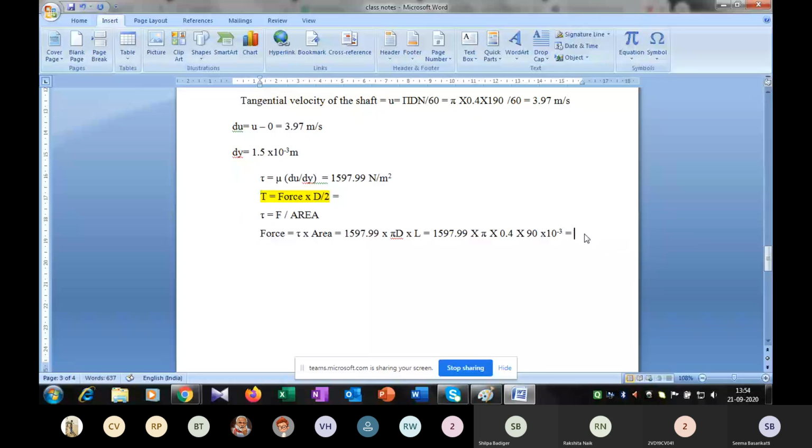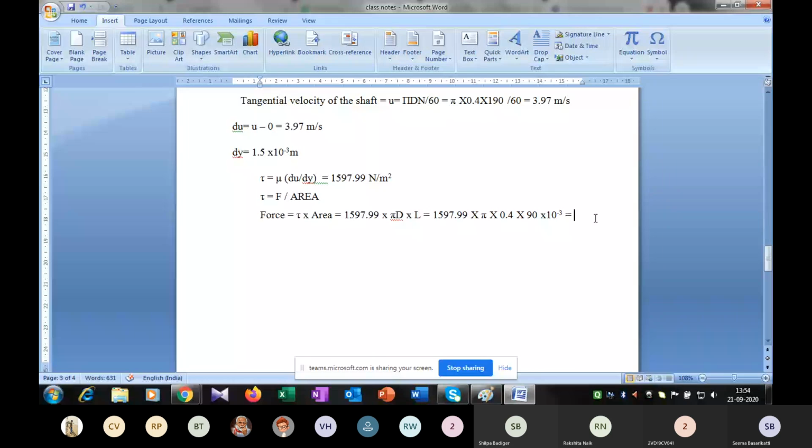Now tell me the answer for force. Force is equal to how much? 179.62 Newton, ma'am. Ma'am, tau is equal to how much?